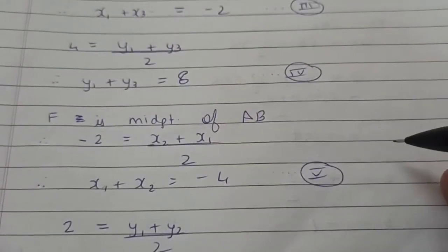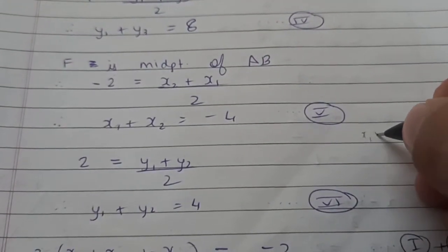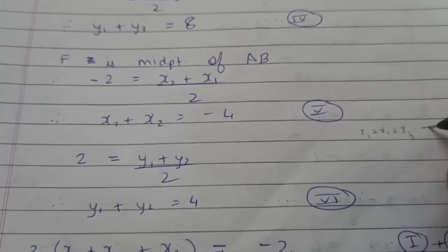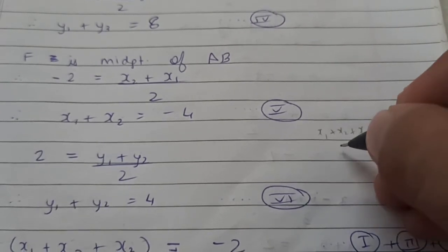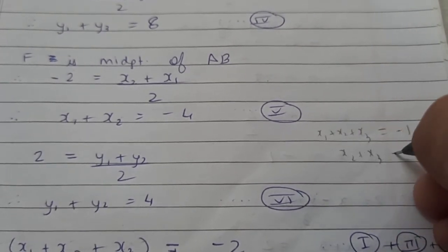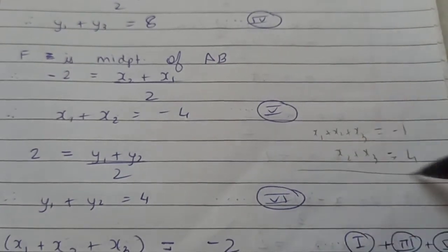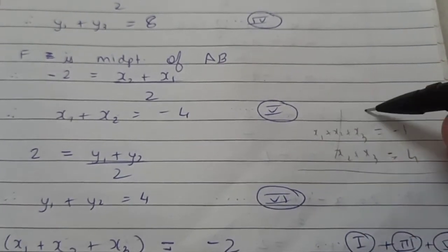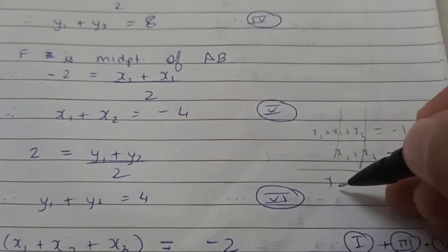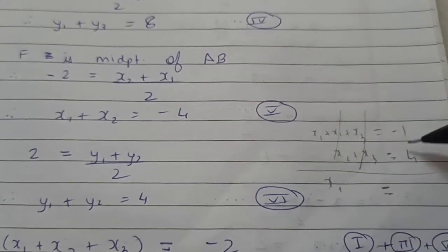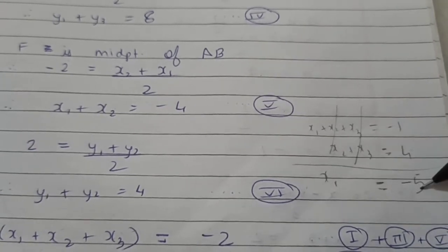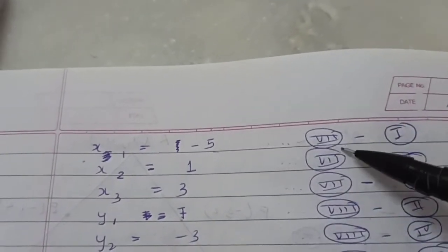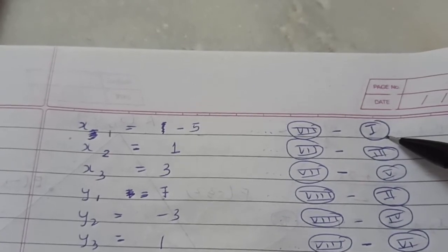So let me write it down here. x1 plus x2 plus x3, I'm getting minus 1. That was equation 7. And equation 1 is x2 plus x3 is equal to 4. If I subtract them, x2 and x3 disappear, only x1 stays, and minus 1 minus 4 will give me minus 5. So that's how I got the value of x1. So I say x1 is equal to minus 5 by doing equation 7 minus equation 1.